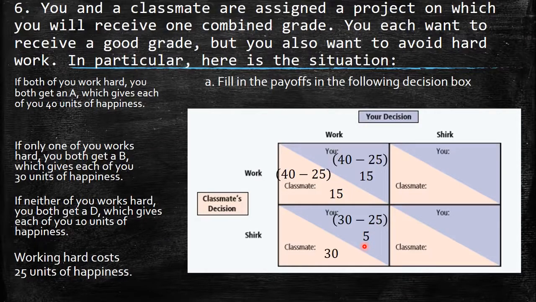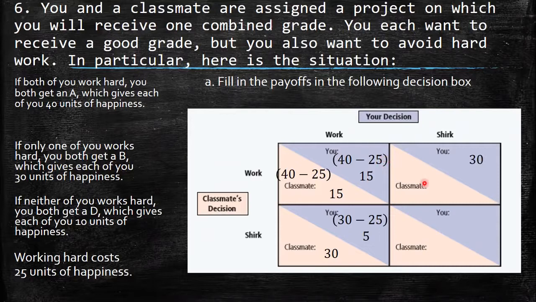The other situation is different, because you will shirk. It means that you are not going to work hard. Because you are not going to work hard, you will receive automatically 30, because this is the happiness when you get a B, and then you don't have any cost because the other one will do the work for you.